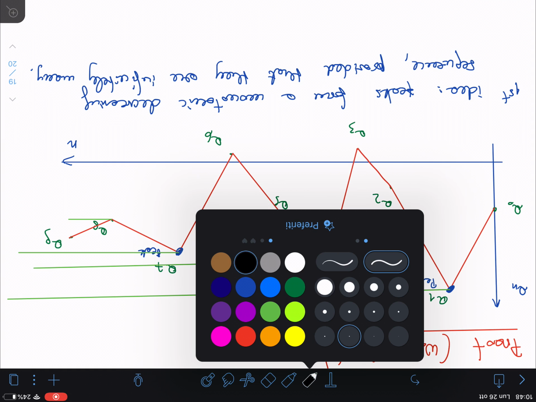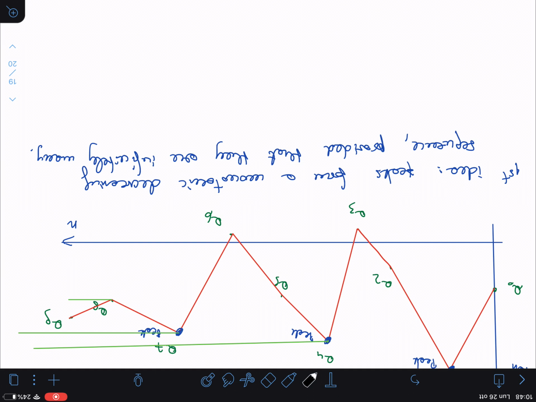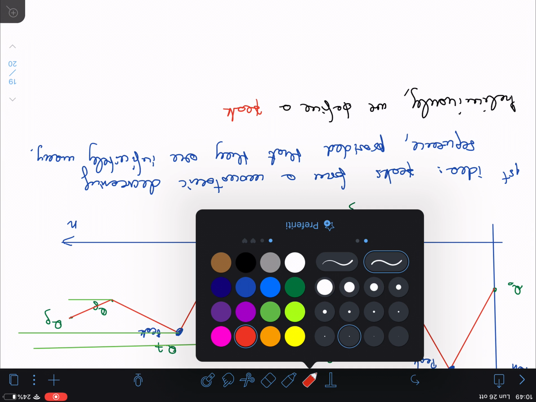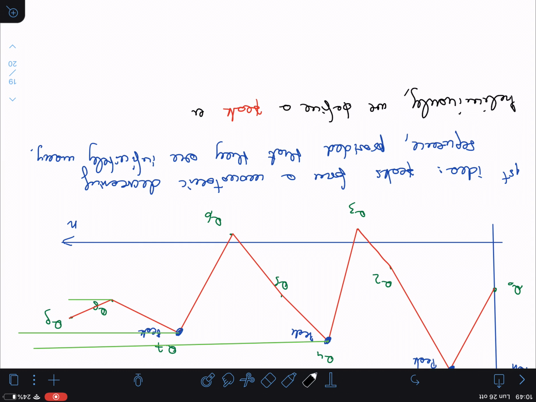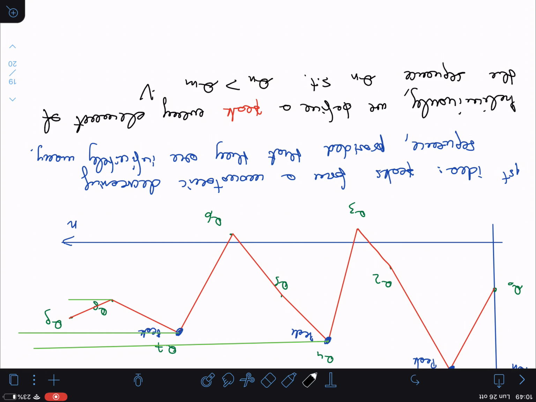And let me write it. So preliminarily, we define a peak to be every element of the sequence a_n such that a_n is strictly larger than a_m for every m larger than n.